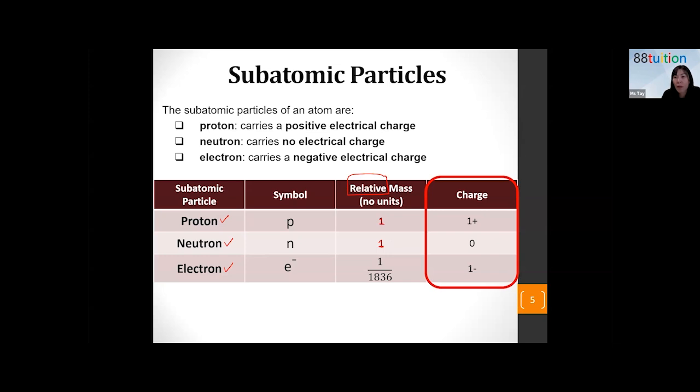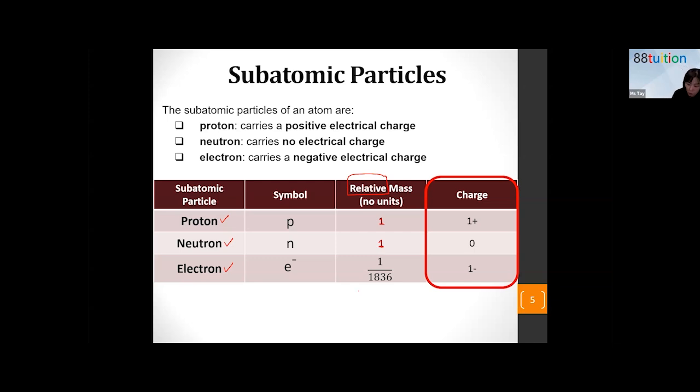Do you all try to calculate? If you use the calculator, key the values in, 1 divided by 1836. You should get a very small number. It will be 0.00 something.